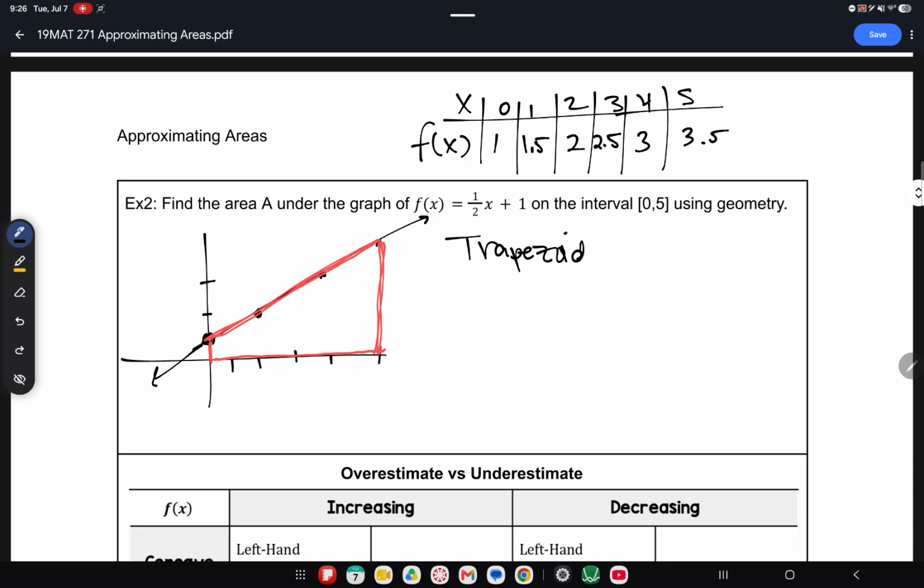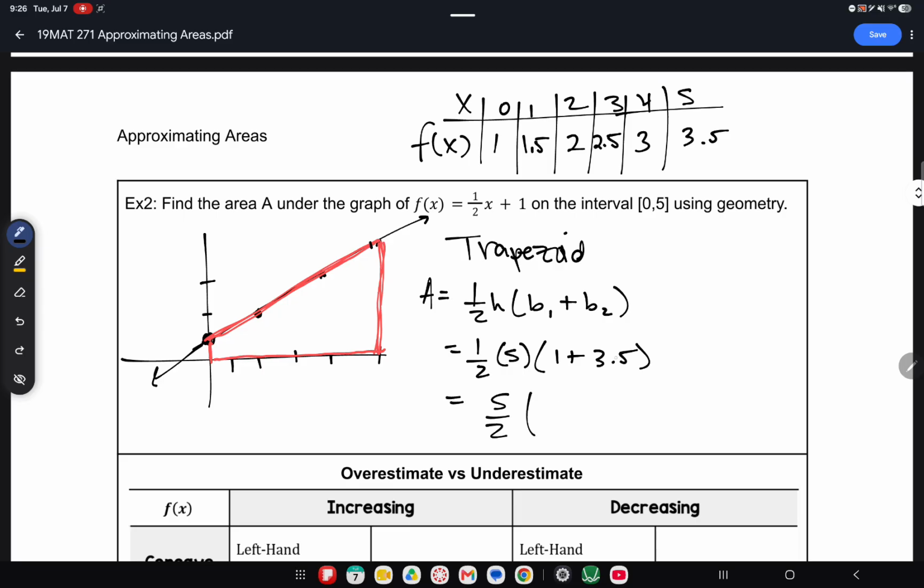And I hope you remember from your elementary school learning the area of a trapezoid: 1/2 the height times base 1 plus base 2. So the height is 5. Base 1 is 1. And base 2 is 3.5. Sorry if I try and multiply that. That's 5 halves. And then that's 4.5.